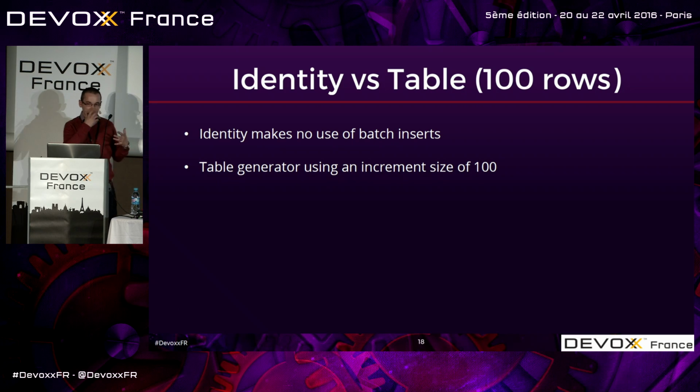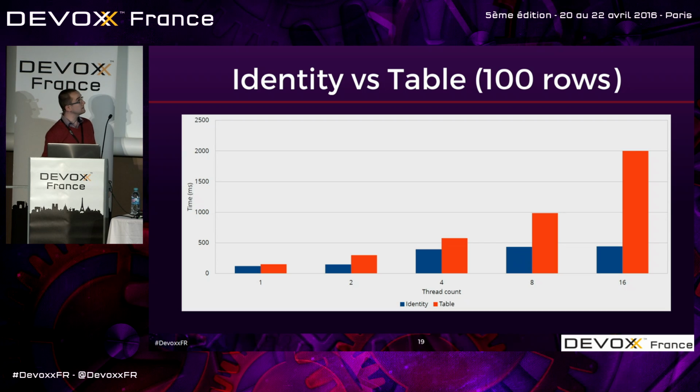Okay, so now let's compare them. Let's say that I'm on MySQL and I have to compare identity or choosing the table. Even if identity doesn't use JDBC batch inserts, and even if I optimize the table as much as possible, giving it an increment size of 100, and I'm going to insert 100 entities, you can see that the table generator is still worse than identity.